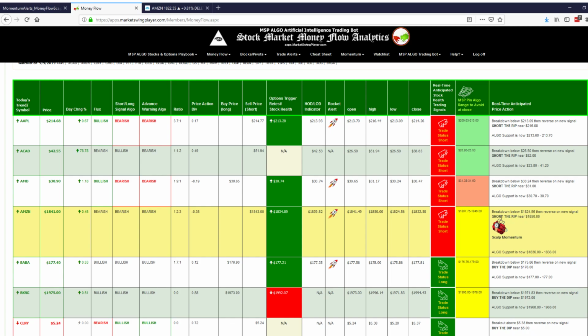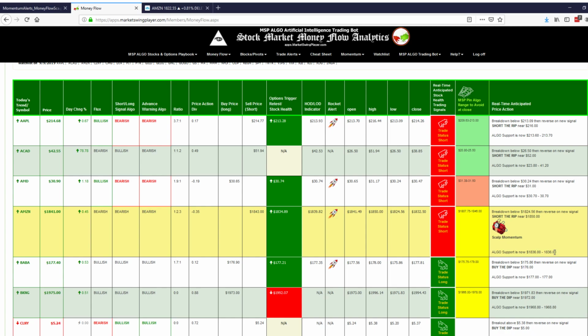So it's saying when the market opened at 0930 Eastern Standard Time, short the rip near 1850, scalp momentum. And it says algo support is now 1836.